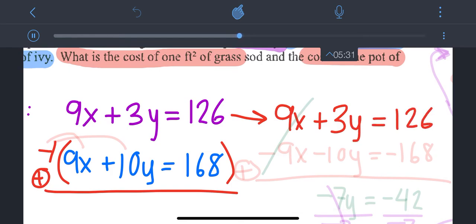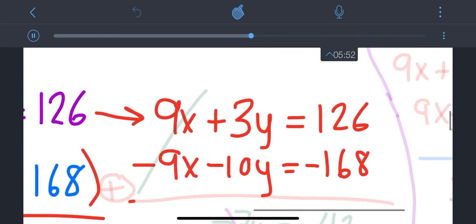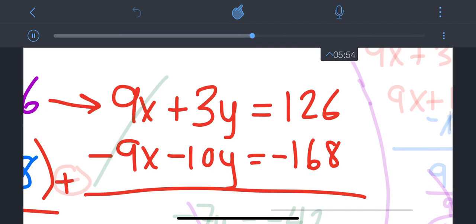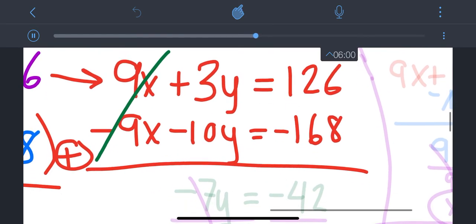So I'm going to recopy the top one. And the bottom one, we're going to multiply everything by -1. So -1 times 9x is -9x. -1 times 10y is -10y. And -1 times 168 is -168. Now we can try adding, and sure enough, the x's will cancel. 9 plus -9 cancels.